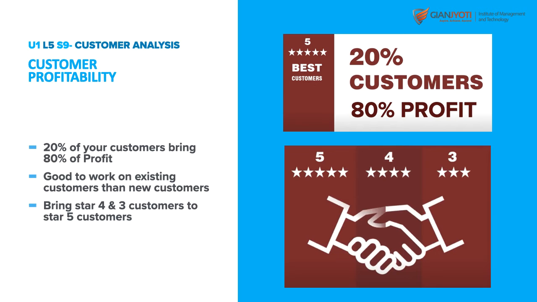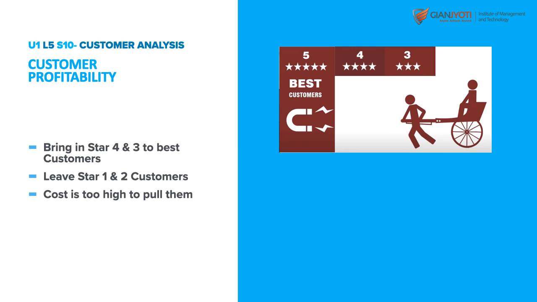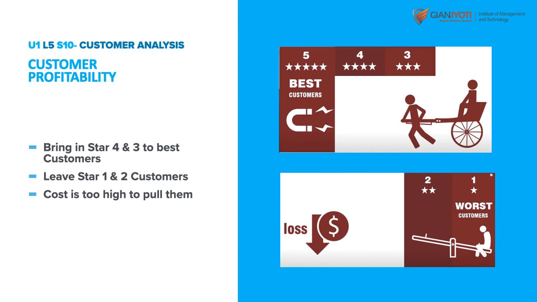So from 20%, if I increase my best customer base to 30%, my profit will increase. So my strategy using customer profitability would be that I bring star 3 and star 4 customers to the star 5 category by different pricing and promotion strategies, and I leave the star 1 and star 2 customers on their own.